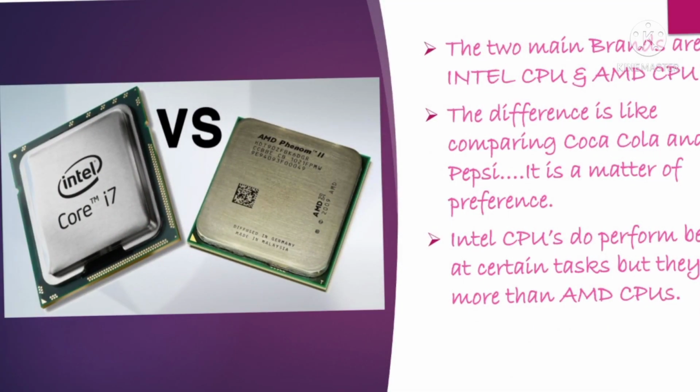Now there are two main brands. One is Intel CPU and the other one is AMD CPU. You can see the pictorial representation of it here. To tell you about the differences between these two, when you compare AMD versus Intel chips, AMD CPUs are great at multitasking, while Intel CPUs accomplish single thread tasks better.